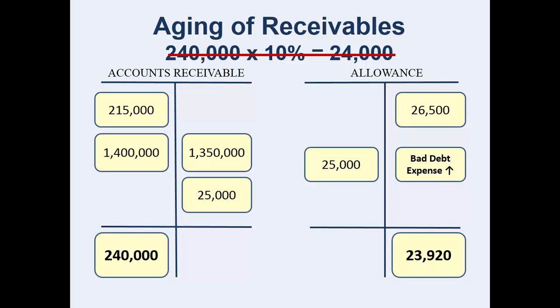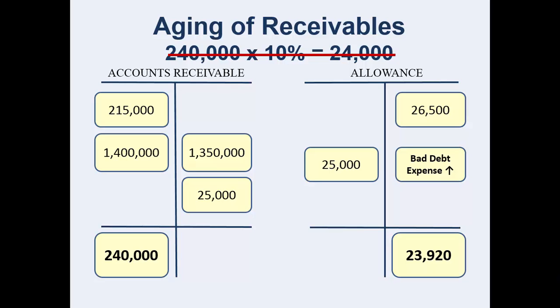But remember, any of the three methods, the percentage of sales, the percentage of receivables, or the aging of receivables, these are all estimates. Management's estimates of what they feel they may have to write off in the future. It's usually based on past experience, and of course economic conditions can play into that.